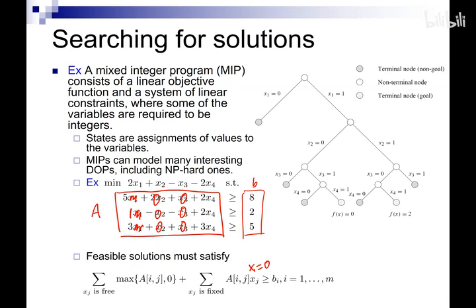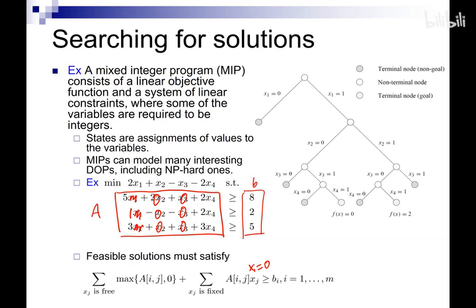Now when you're at this node, again, you cannot satisfy the first constraint, because even if you set x4 over here to be a14, which is going to be 2, you only get 7, so you still cannot satisfy this constraint. So we can also prune over here.